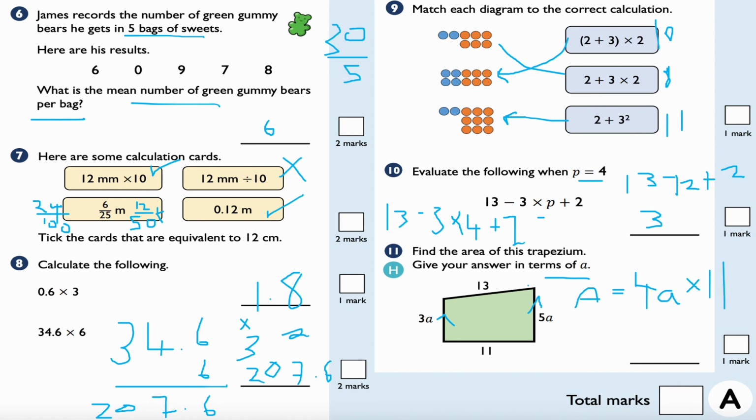Okay, because that's what I call the slanted height. It has to be perpendicular to the parallel lines. 4 times 11 is 44, and then stick the A on, so 44A, and it'll be like units squared, okay, but we will leave our answer in terms of this. So it'll be 44A units squared, okay.